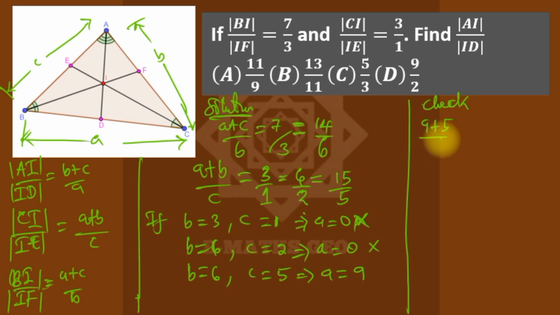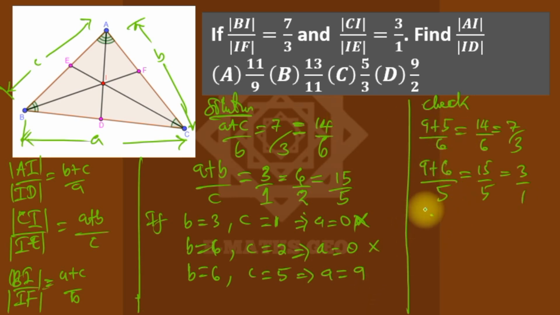So I have 14 over 6, which is 7 over 3. So let's check the other one. a is 9 plus b is 6, over c is 5. So I have 15 over 5, which is 3 over 1, which is also the right answer.